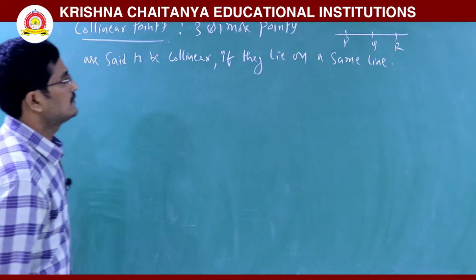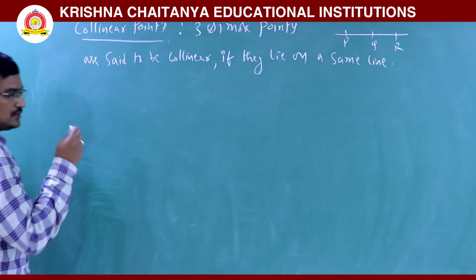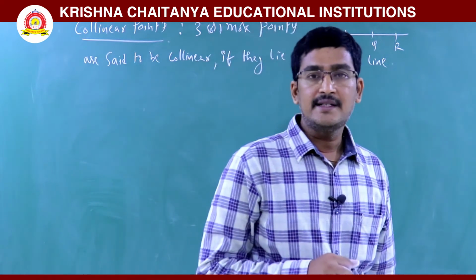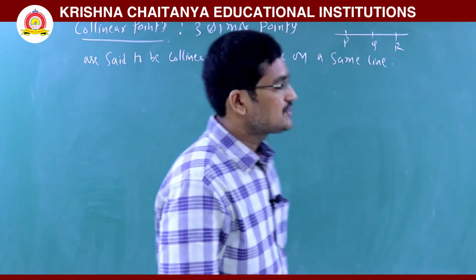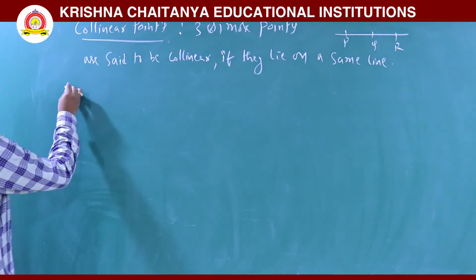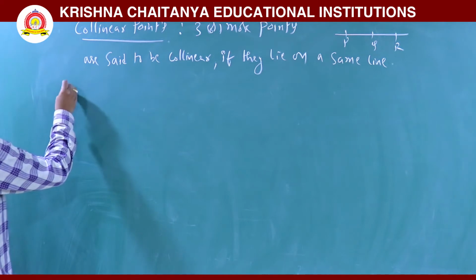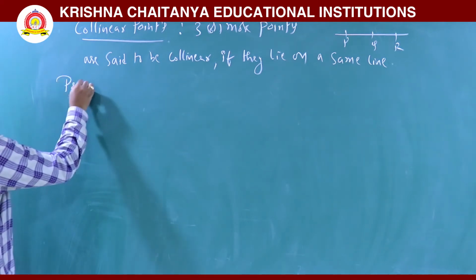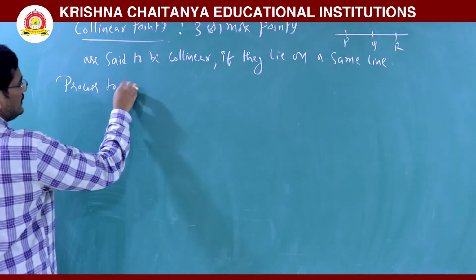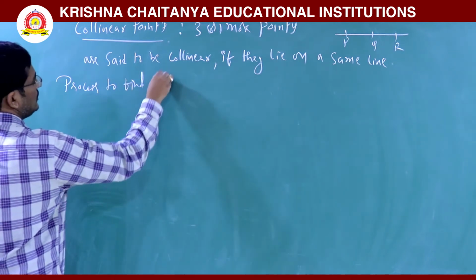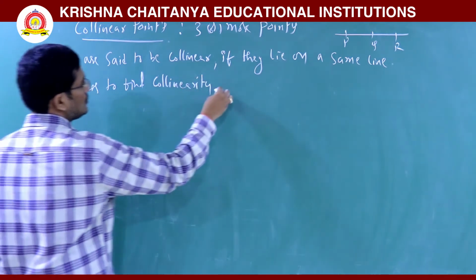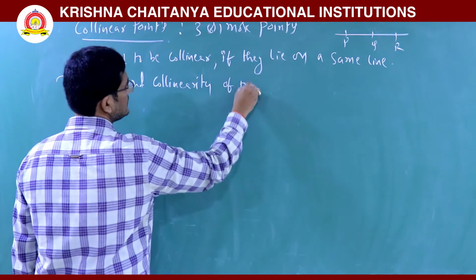Okay. Next, how to decide whether those 3 points are collinear? How to decide the points are collinear? This is the process to find collinearity of points.